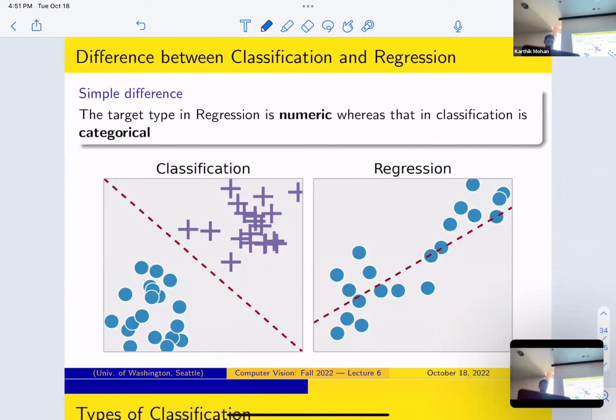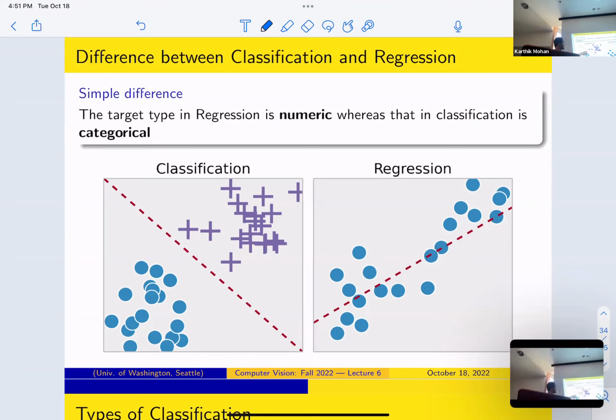And in terms of a picture, you can see how the picture also looks a little bit different. In regression, you're having a line going through all the data points, whereas in classification, you have a line separating two different clusters. It's not going through the data points, it's actually separating the clusters. In regression, you don't have information on clusters, you just have data points.